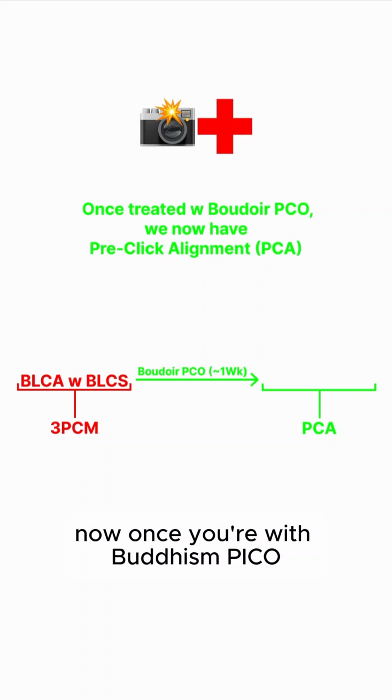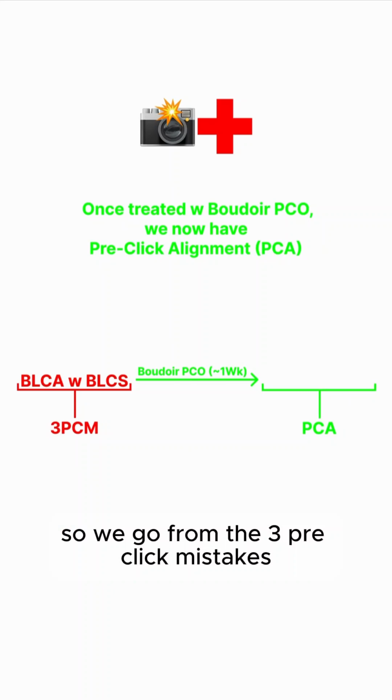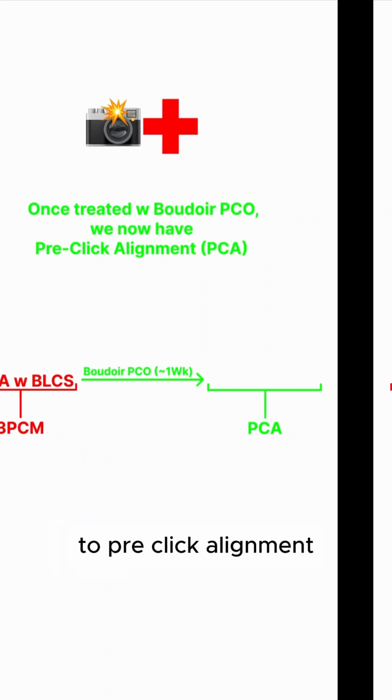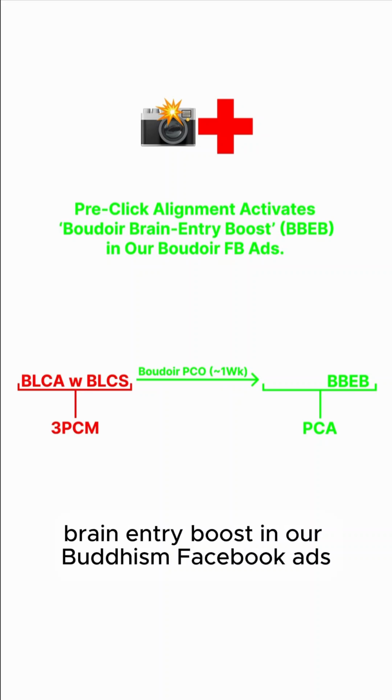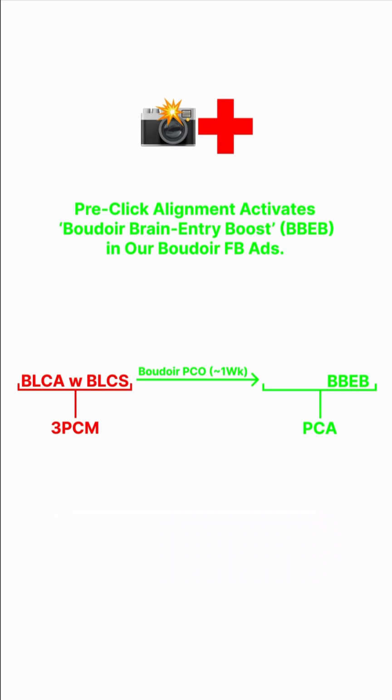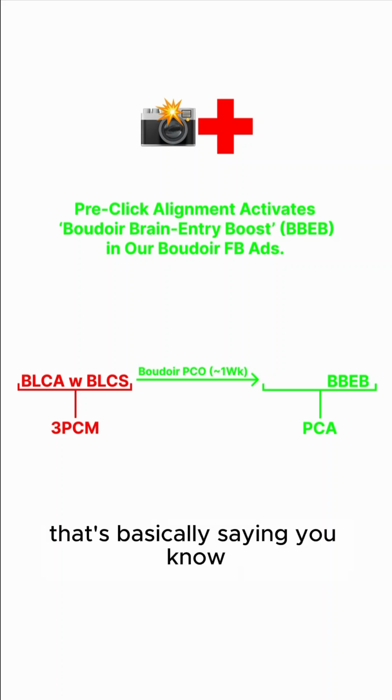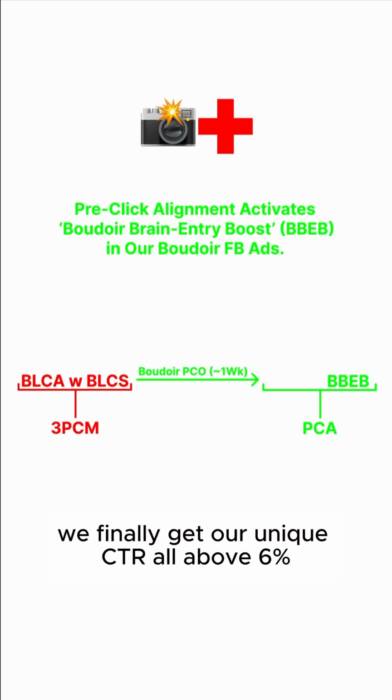Now, once treated with Boudoir Pico, we have pre-click alignment, PCA. So we go from the 3 pre-click mistakes to pre-click alignment. And pre-click alignment activates Boudoir brain entry boost in our Boudoir Facebook ads. That's basically saying we finally get our unique CTR above 6%.